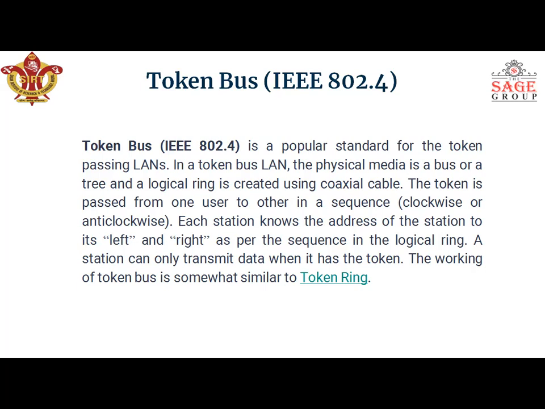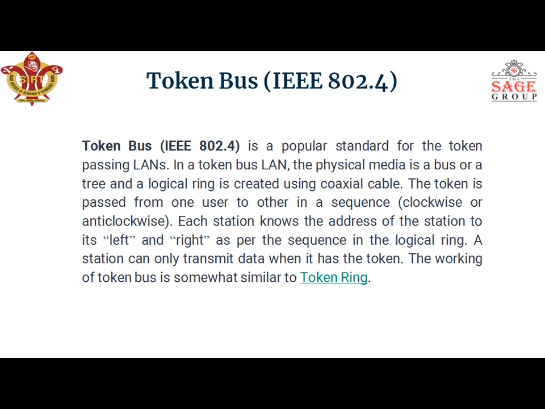The token is passed from one user to another in sequence, in a clockwise or anti-clockwise direction. Each station knows the address of the station to its left and right, meaning each and every station knows the address of its neighbor node.